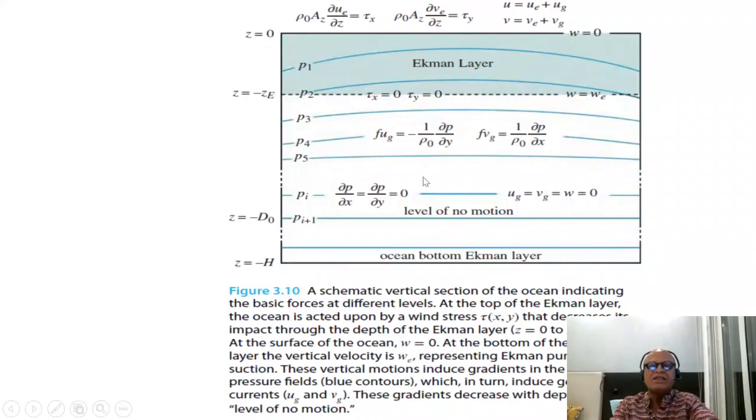So in the interior, this Ekman pumping or suction is received, and the interior adjusts to geostrophy again, where we are writing f times u_g equals minus 1 over rho 0 dp/dy, remembering we are doing this Boussinesq approximation, and f v_g equals 1 over rho 0 dp/dx.